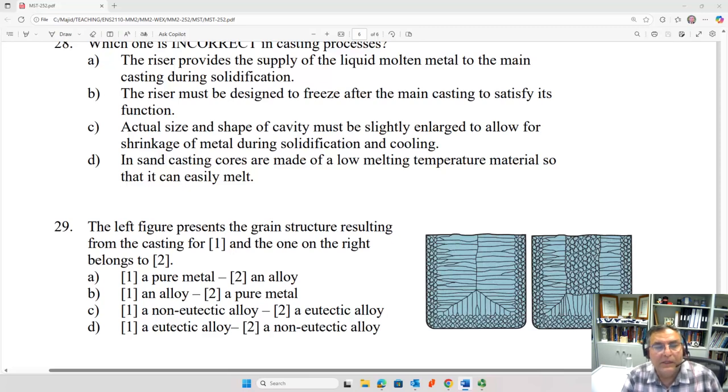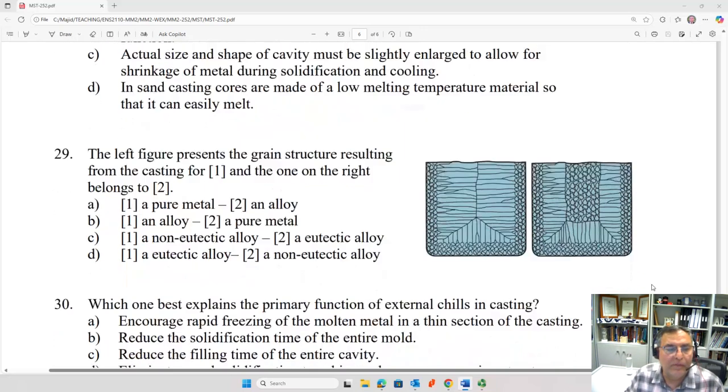The left figure represents the grain structure resulting from the casting for a pure metal, and the one on the right belongs to an alloy. So we go for A, which gives us the right choices for making this a complete sentence.